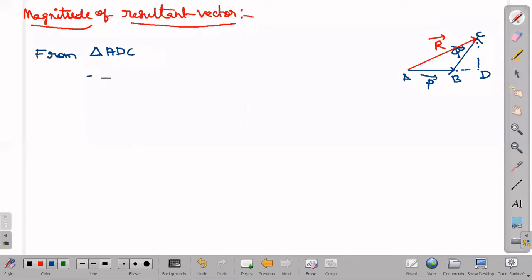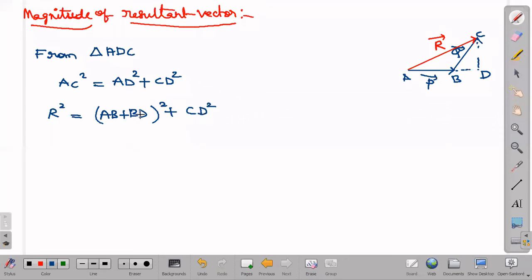If I want the resultant, AC is our hypotenuse. So AC square equals AD square plus CD square. AC is our resultant, so R square equals AD, which is nothing but AB plus BD, whole square, plus CD square.